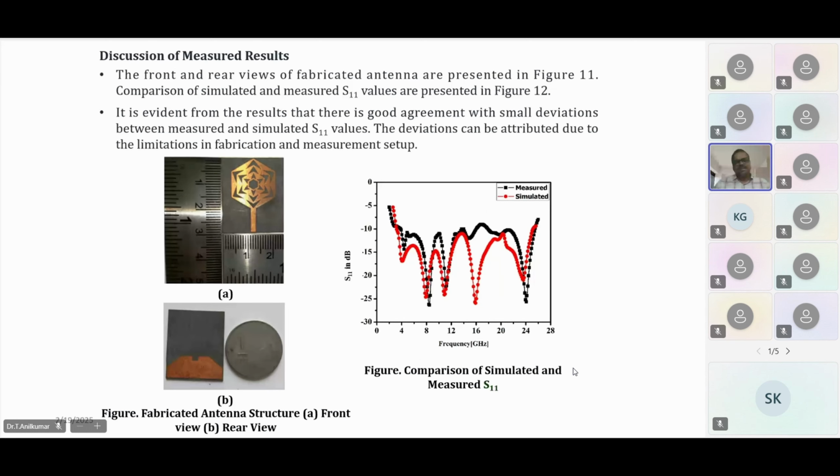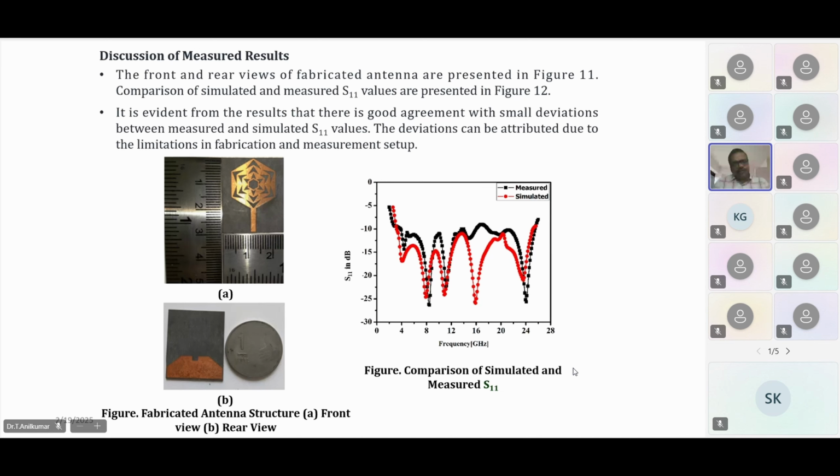There is a mathematical formula for it, because if you're taking a hexagon, the side of the hexagon is equal to the radius from the center point to the vertex point. The distance of that radius of a hexagon is equal to the side of the hexagon. So that is general in nature. By taking that into account, I have proposed this particular antenna. I think I've not kept the parametric analysis.